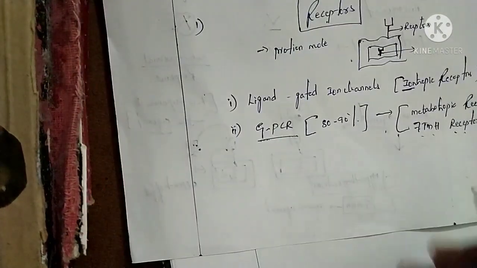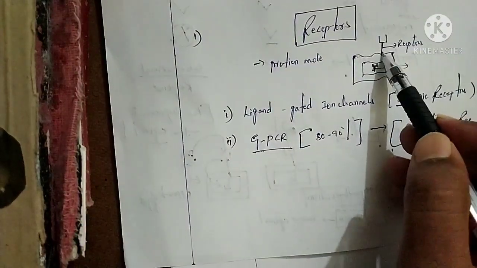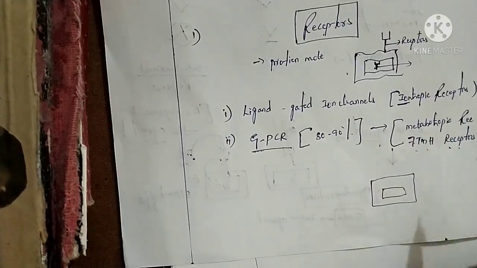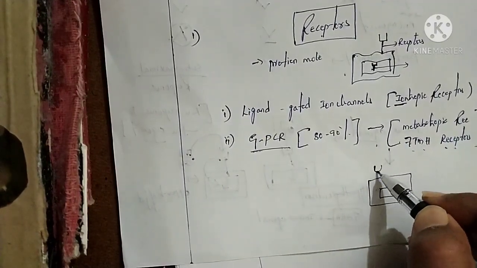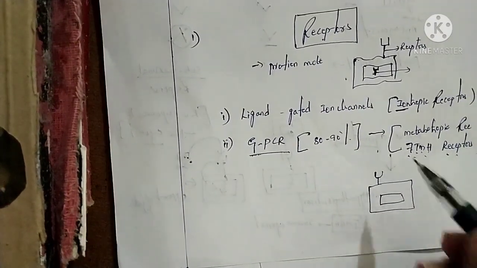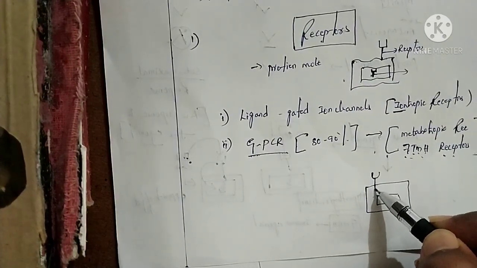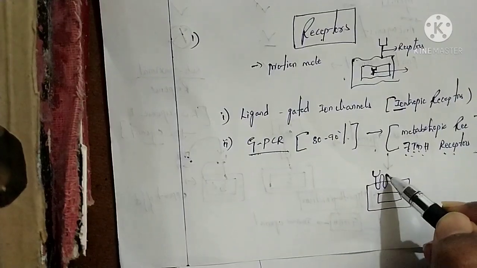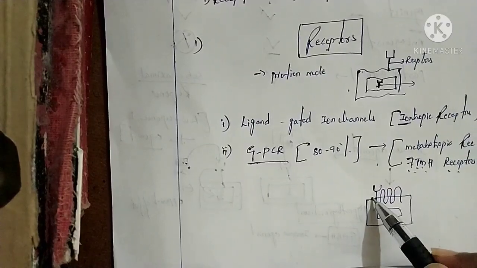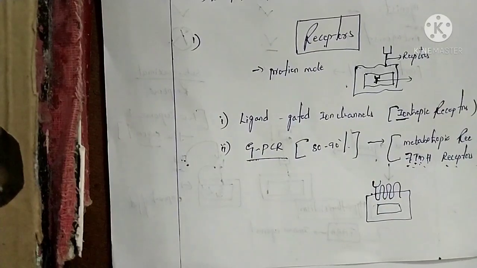Suppose this is the cell and a G protein coupled receptor is present on the surface of the membrane. It passes through the membrane 7 times: 1, 2, 3, 4, 5, 6 and 7. So they are known as 7 transmembrane helix receptors.